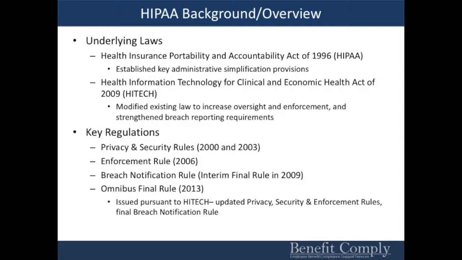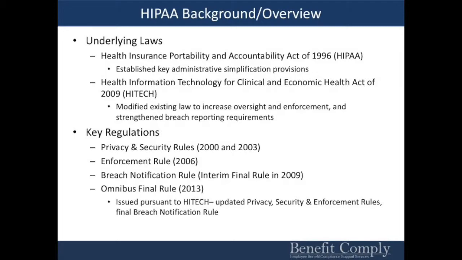Underlying every major law is a set of implementing regulations. The privacy and security rules were the two major regulations issued pursuant to the 1996 law. Most of the time when we talk about what HIPAA requires, we're referring in large part to the provisions of the privacy and security rules.